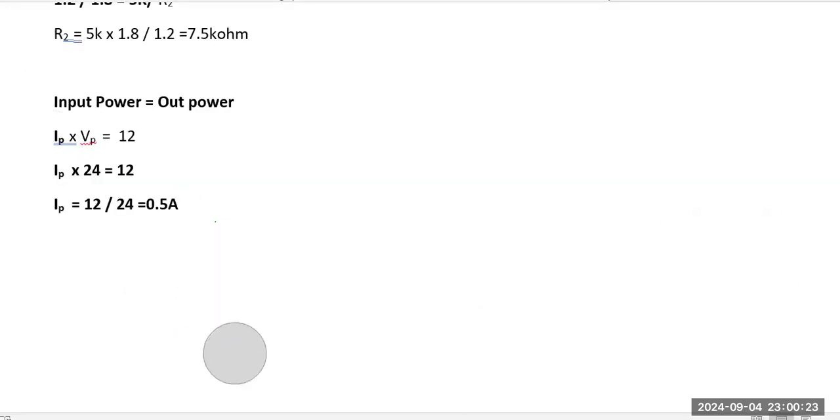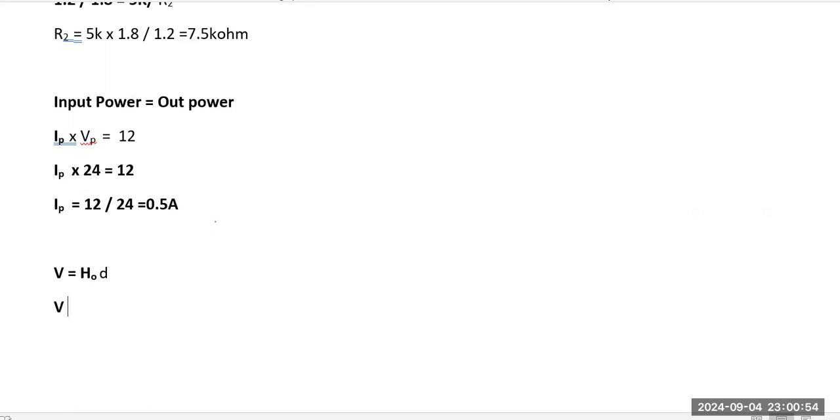The recession speed of a galaxy, remember, V is directly proportional to H naught multiplied by the distance from the Earth, D. This is the formula.